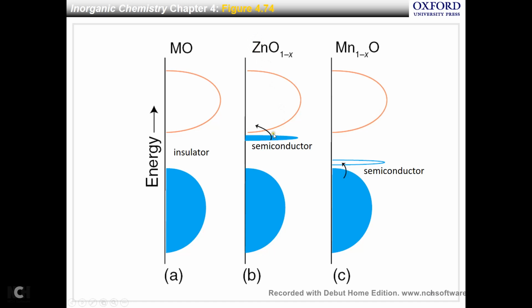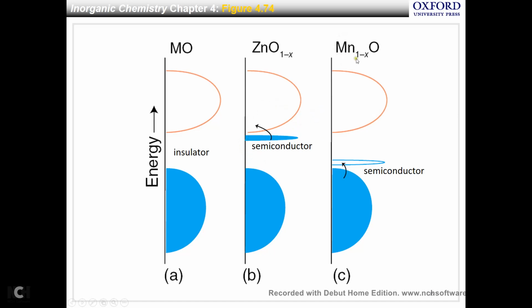They can form this band here very close to the empty conduction band. That will dramatically reduce the band gap. This is the new band gap, much smaller than the old band gap of 1:1 zinc oxide. So this is now a semiconductor.